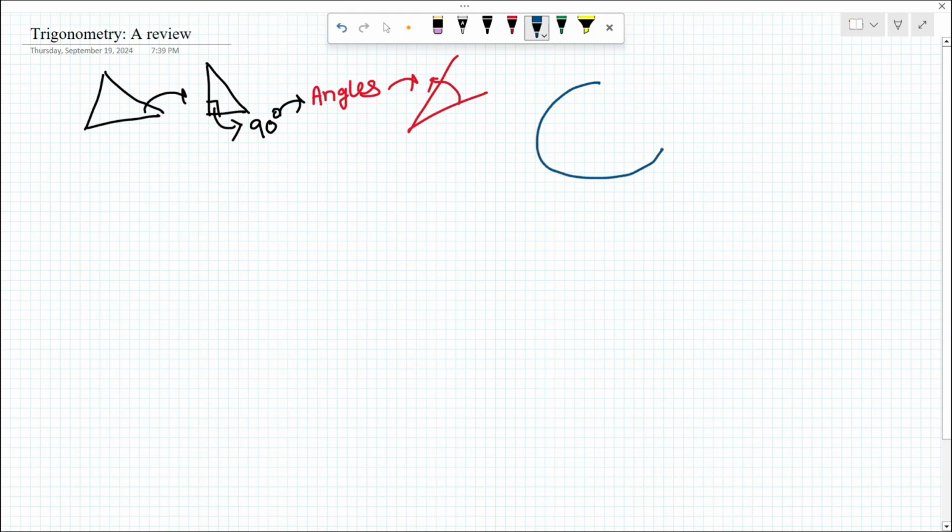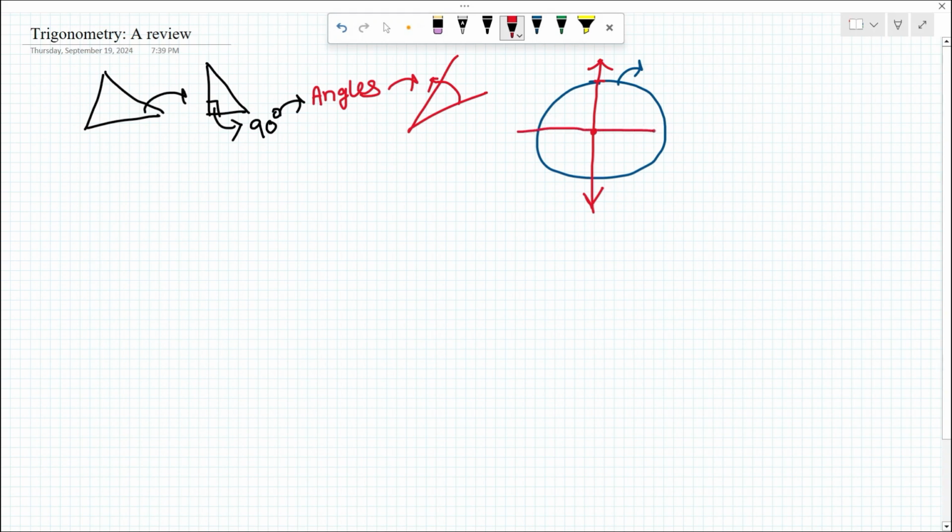So if I take a circle, say this is a circle, obviously my drawing isn't perfect, and let's say this red line divides the circle into two equal parts. It appears that it's not equal, but just say that this exactly cuts the circle into two equal parts.